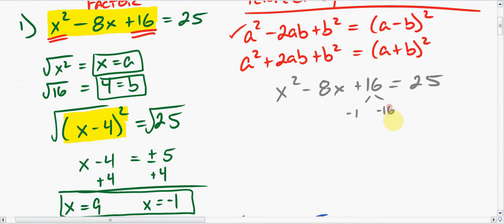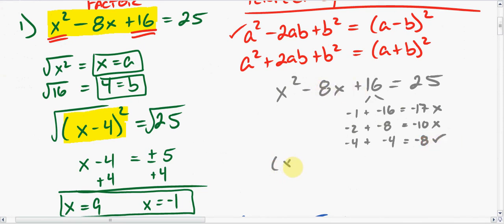So I'd either have negative 1 and negative 16, negative 2 and negative 8, or negative 4 and negative 4. When I add these together, I get negative 17, which is not negative 8. I could add these together and get negative 10, which is not negative 8. But if I add these two together, I get negative 8, which is what I want.